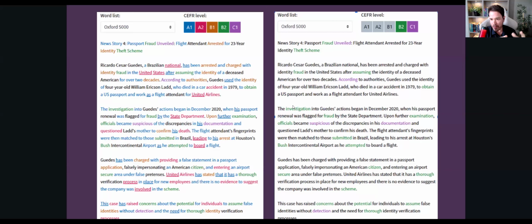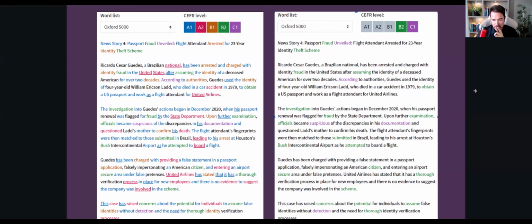We also have to take into account the ideas that the text introduces, because if they're very complex ideas, even if they have simple words, students may still struggle. So we need to think about both the ideas that the text introduces, develops and discusses, as well as the words that have been used to express those ideas.